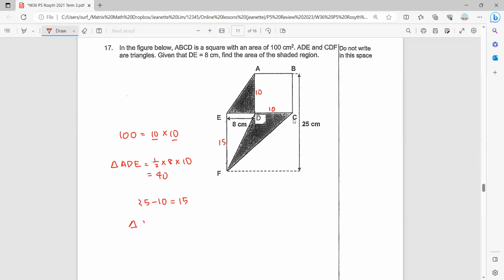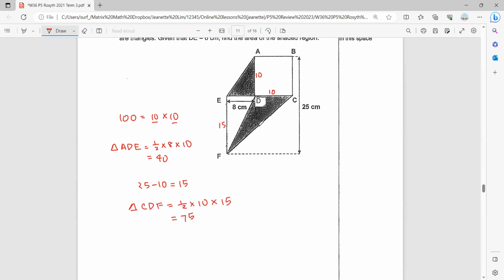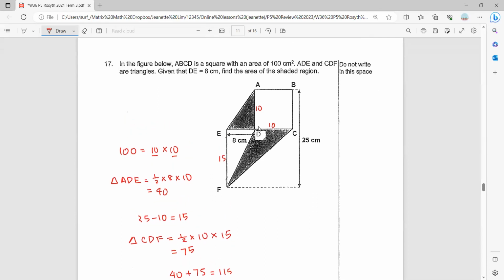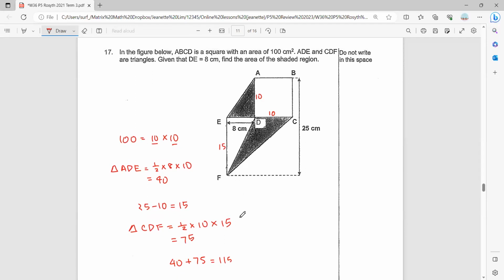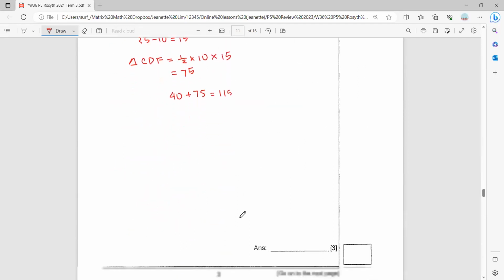So triangle CDF is half times base, which is 10, times 15. So this is 75. Then I'll add the 2 shaded parts. So 40 and 75. Okay, so that's the answer, 115 square cm. Square cm or area.